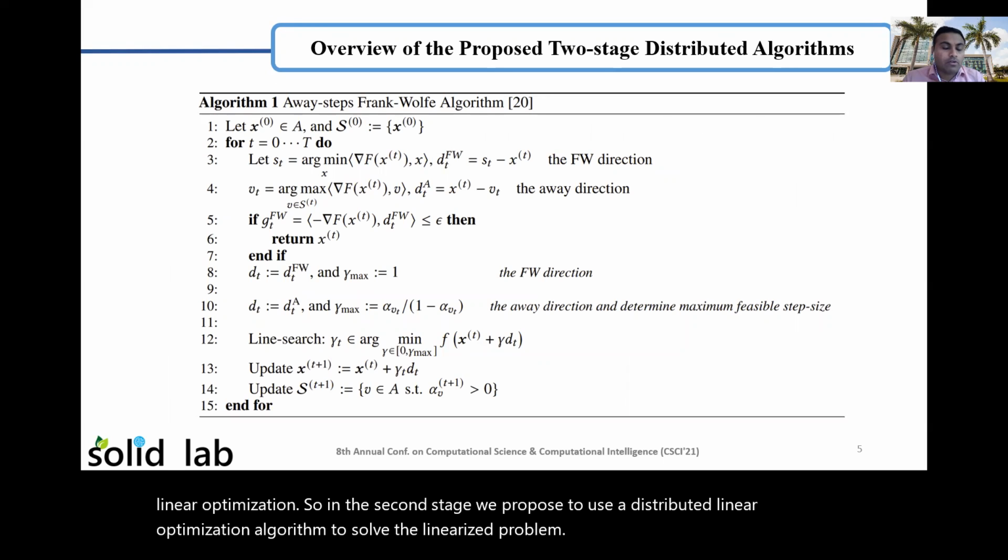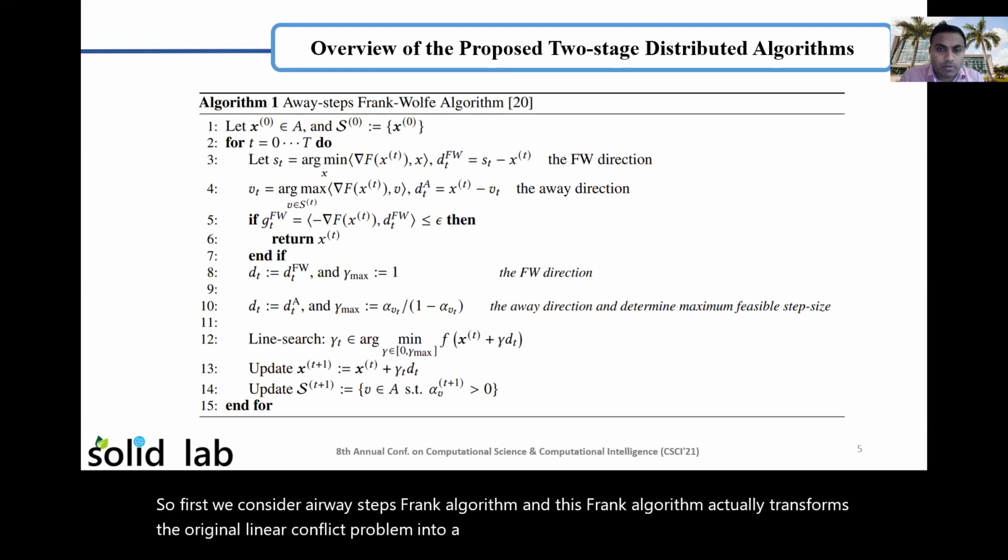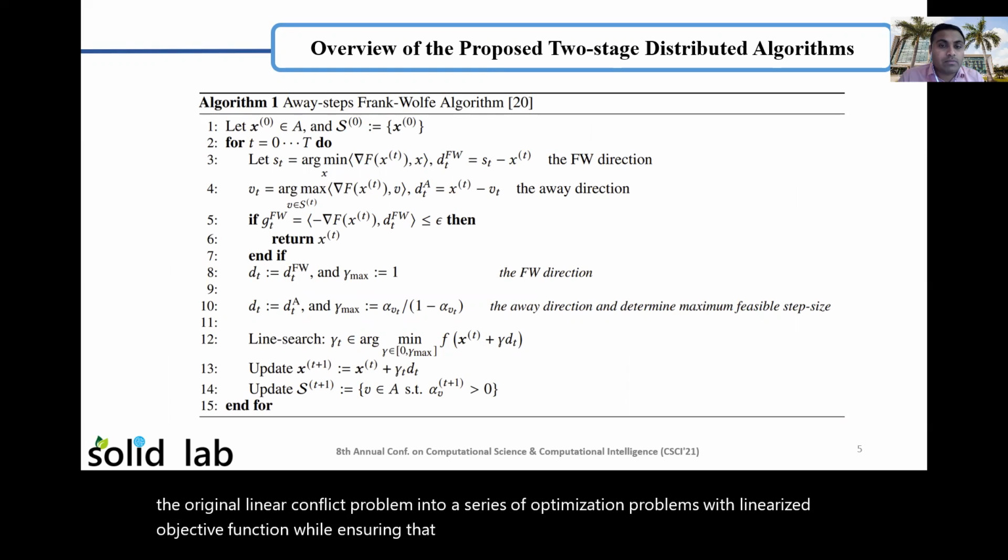So first, we consider the Frank-Wolfe algorithm, which transforms the original convex problem into a series of optimization problems with linearized objective function, while ensuring that the solution is in the feasible space spanned by the original constraints.